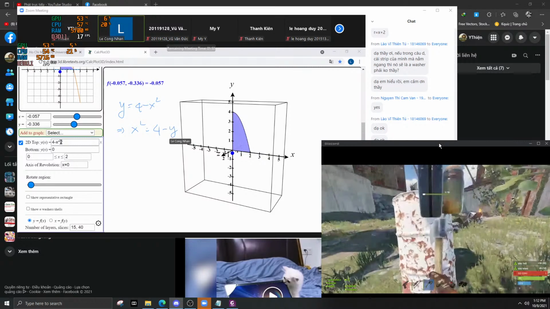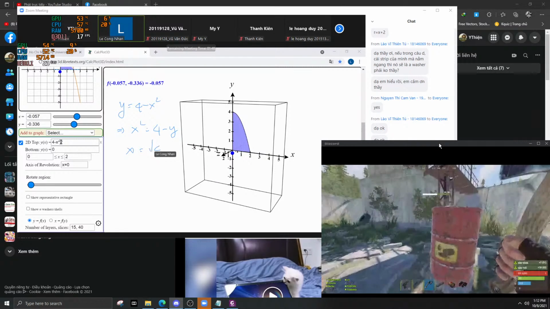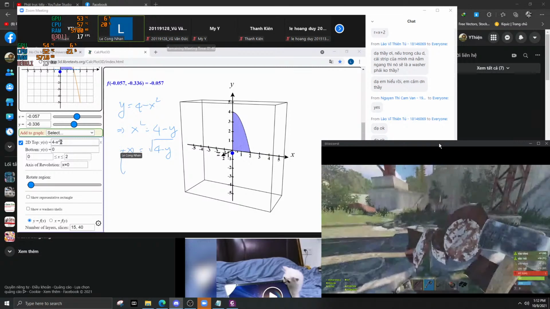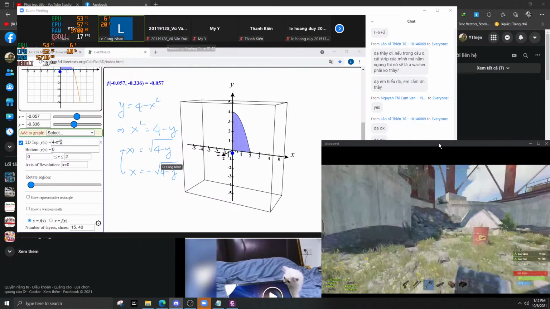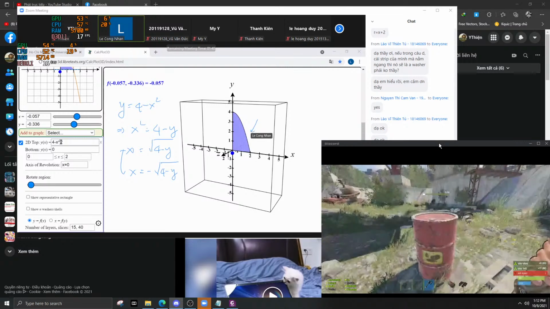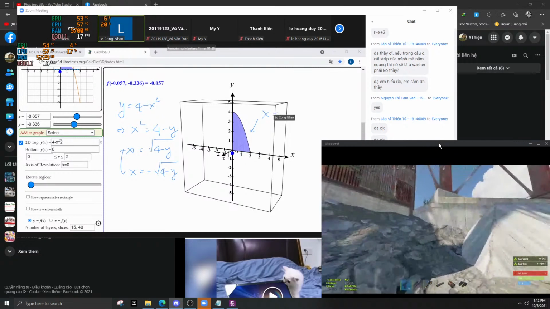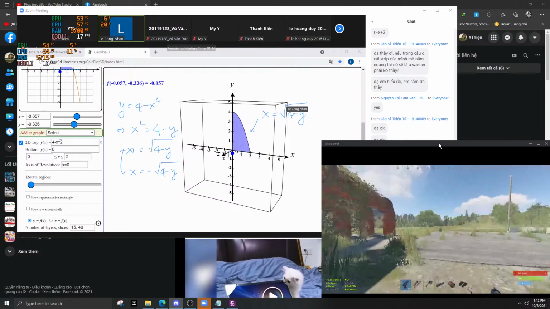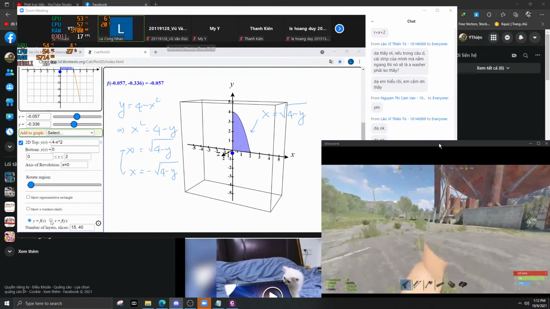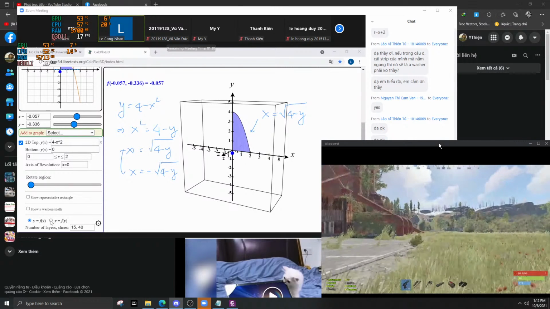So x equals the square root of 4 minus y, or x equals minus the square root of 4 minus y. But because x is positive, x equals the square root of 4 minus y. Therefore I choose the curve x expressed in terms of y.